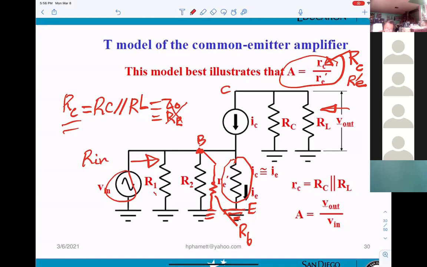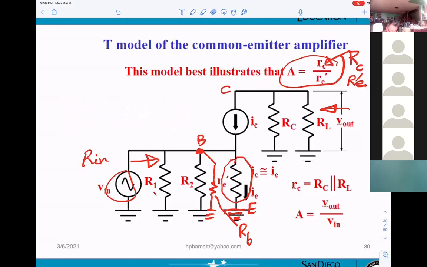Now, if you want to calculate the gain, AV, what does AV equal? Voltage gain, V out over V in.